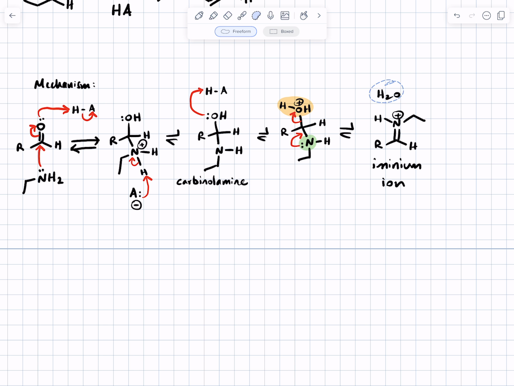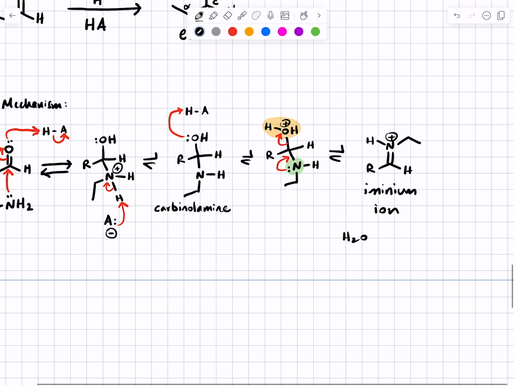And if you want to pull this reaction towards the imine product, it's a good idea to have some strategy like distillation or something else for soaking up the water and removing it from the reaction. Why do I say that? Because at this point, water is a good enough nucleophile to come in and attack the carbonyl carbon of the iminium ion, and that would just be the backward step to get you to this intermediate.